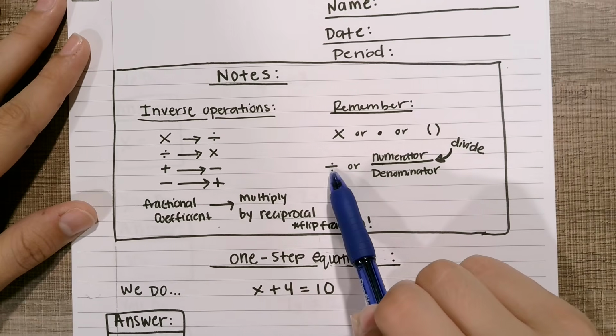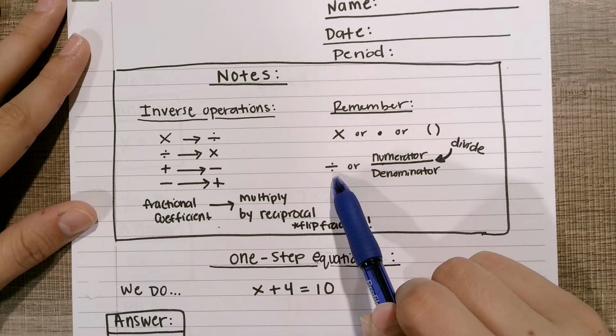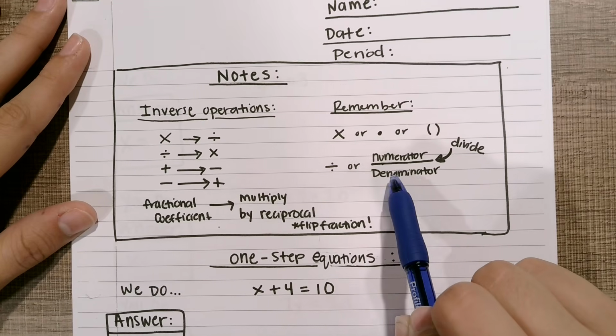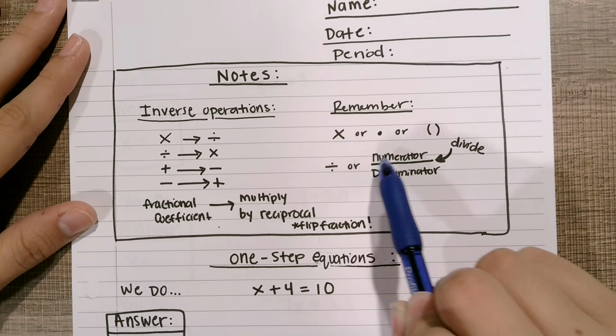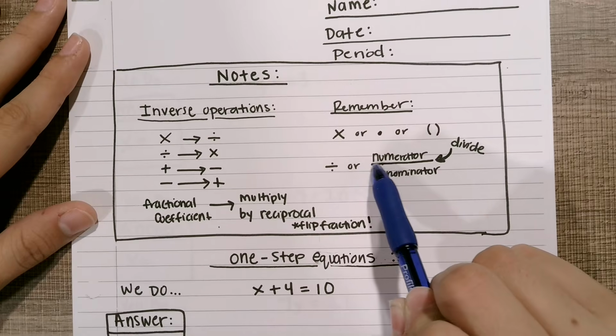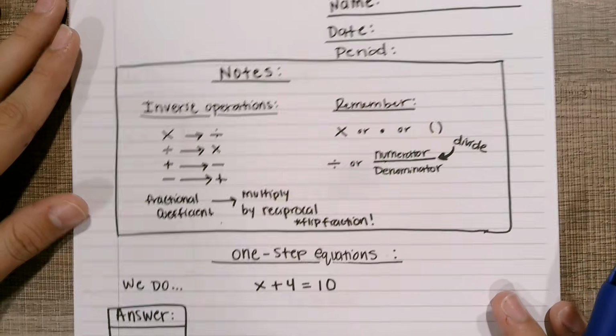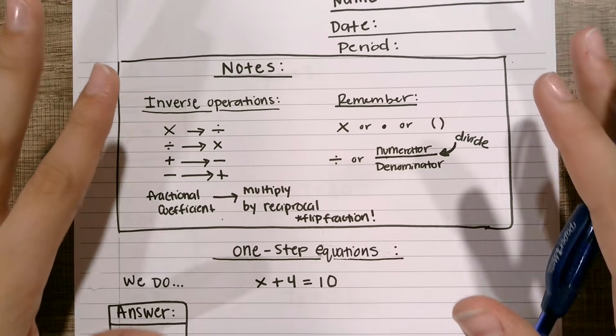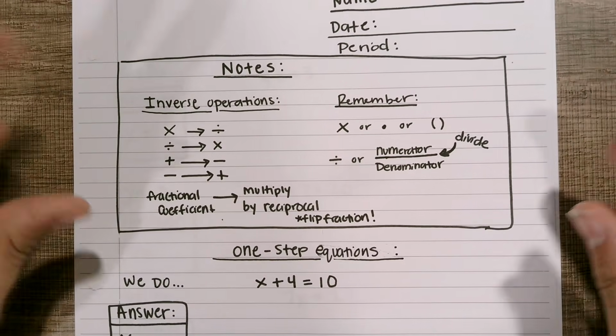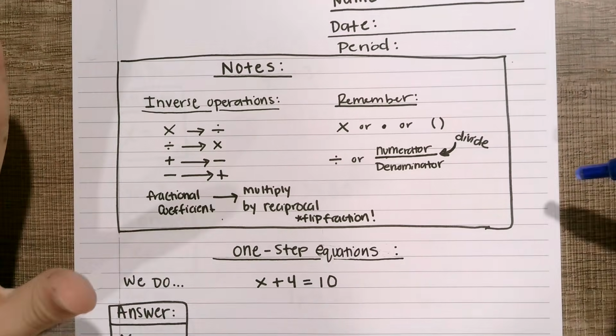Now, division, we're rarely going to see division look like this. We are usually going to see it like a fraction, so the numerator divided by the denominator. And at any moment that you need to, you can pause, you can replay, whatever you need to do.